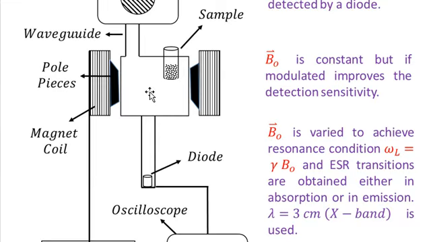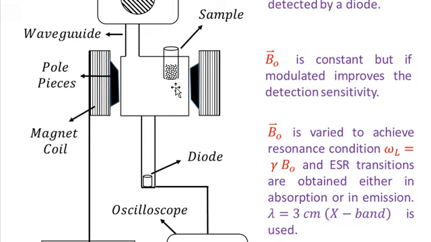But when the microwaves are emitted in a different direction, a very small portion of those microwaves emitted by the sample will reach the diode, and the majority of the signal from the sample will be lost. And then we can observe a dip in the diode signal.